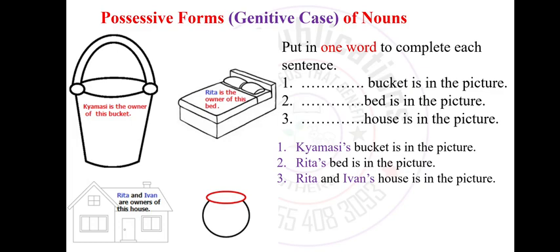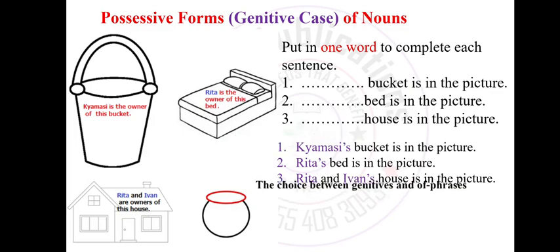Note that when there is more than one owner, whether they are 10, 20, whatever, the apostrophe comes at the end of the last name. So, Rita and Ivan's house. This is Rita, Ivan, Kutuku, Opulo, Achinchina, and Mankani's house. Something like that. All right.